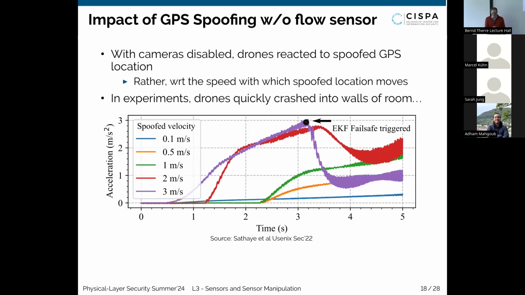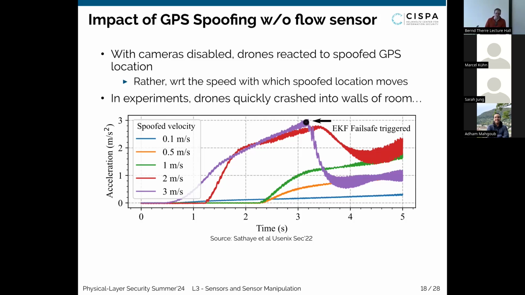I have one question. So I understand the approach of spoofing the position and making the drone actually think it's drifting. But here the graphic says spoof velocity, while I was thinking the whole time just of spoofed position. Yes, but here the location that is being spoofed is slowly moving as well.